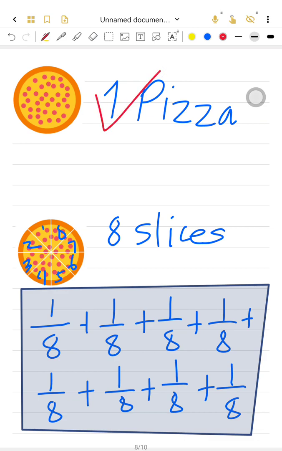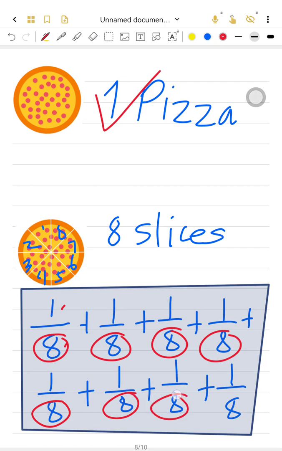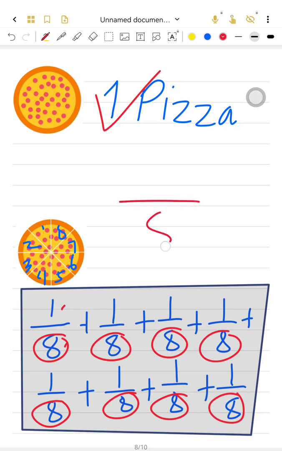So if we are going to add, remember we have numerator and denominator. Since the denominators are the same, all you have to do is just copy. Therefore, it will be like this, over 8. And then you add all the numerators.